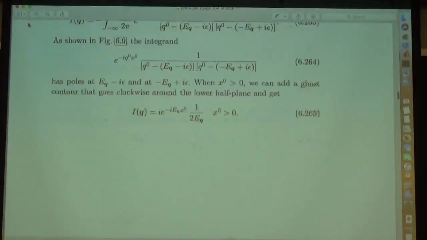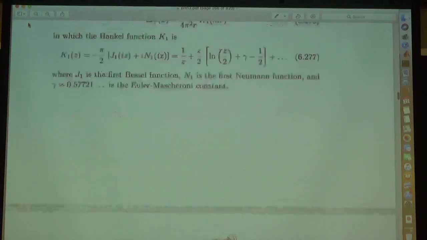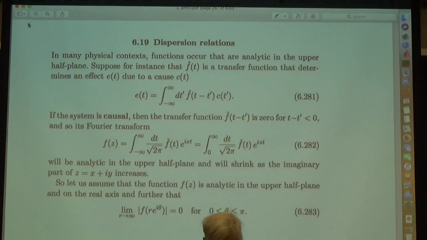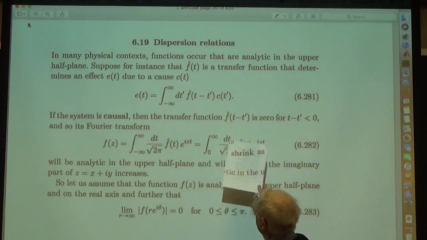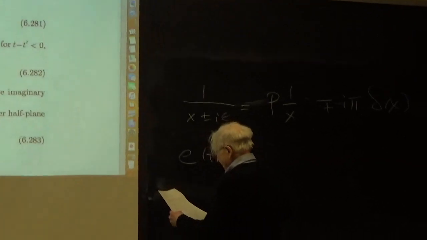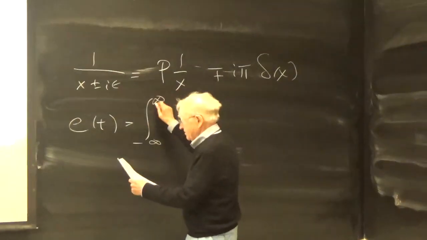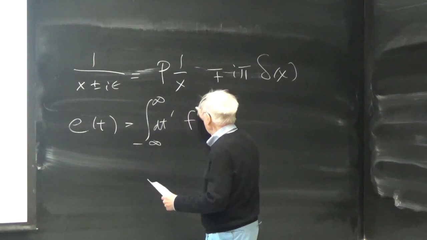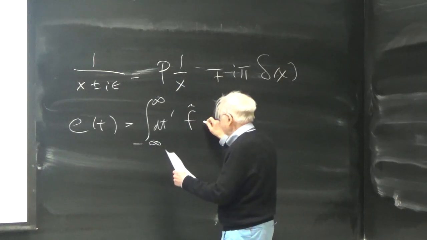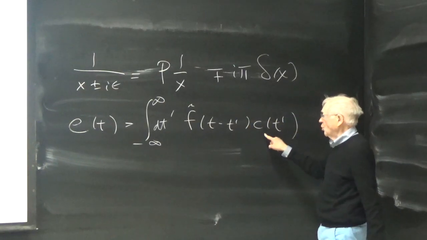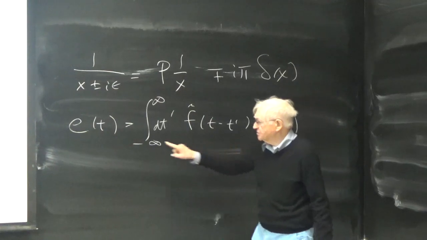So there are 3 ideas really in dispersion relations. One is the ghost contour, another one is Cauchy's principal part, and then there's the basic idea of this causal function, so we have E of t is an integral from minus infinity to plus infinity dt prime of some f hat of t minus t prime, some cause, and this transfers the cause to the effect.